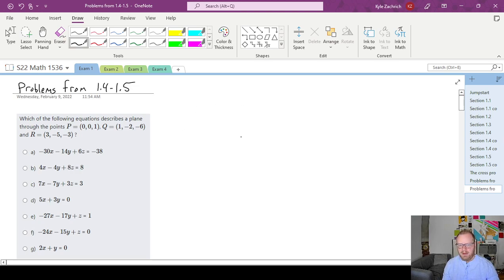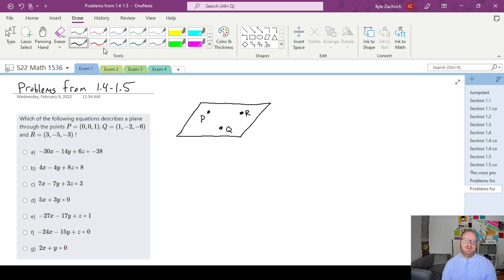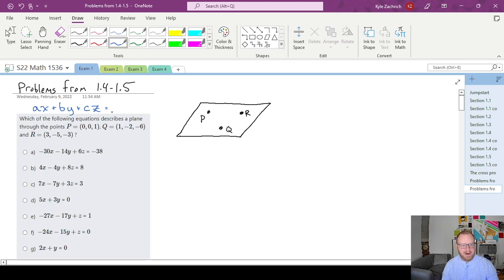is just draw our plane. I like to draw it kind of three-dimensional looking, but you can draw it flat if you like, and then just knowing that it's got 3 points, P, Q, and R. Now, if we want the equation of a plane, and looking at these equation options that we have over here, these are all of the form, that second form that we learned, ax plus by plus cz is equal to d.